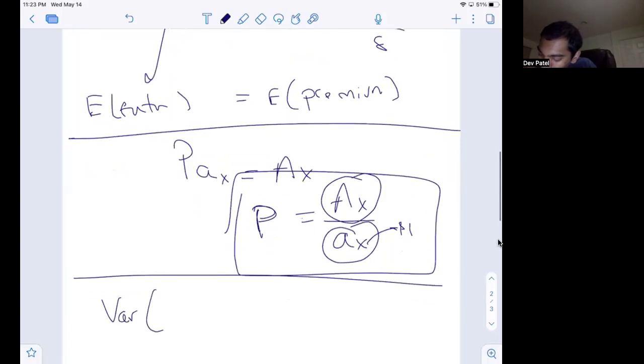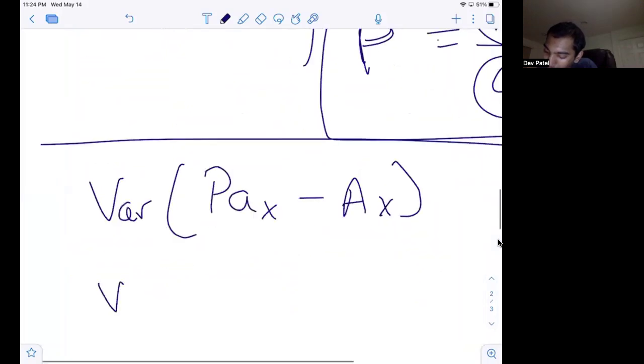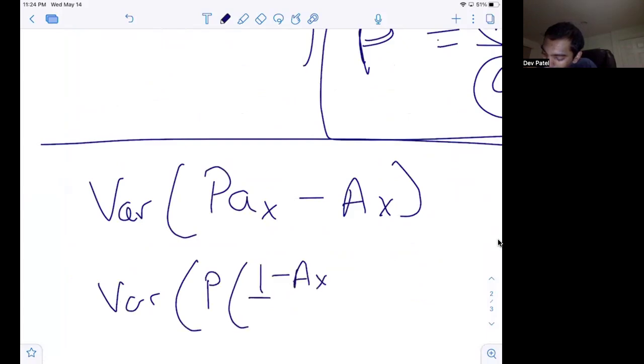So we know that the loss variable is P·A_x minus A_x. We know that P·A_x refers to P times 1 minus A_x over the force of interest, minus A_x.